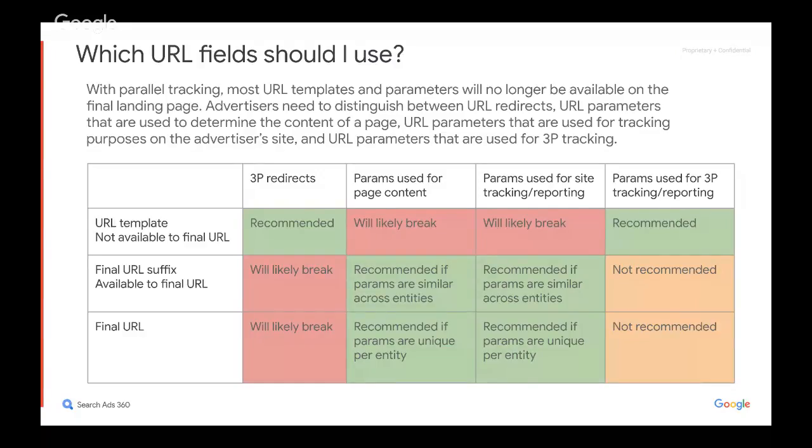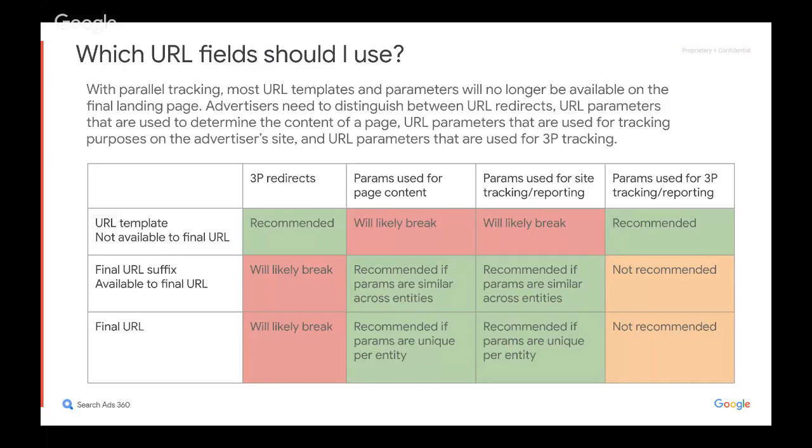So there will be a pixel on the website, either for Google Analytics or for Omniture, that will pick up those parameters and that kind of information, not about the click, but about the visit to the website or the session. And therefore, they need to be sent to the website. Hence, if they're currently present in the URL template, in order to keep sending them to the website so they become readable by, for example, Adobe Omniture, they need to be added to the final URL suffix or optionally to the final URL.